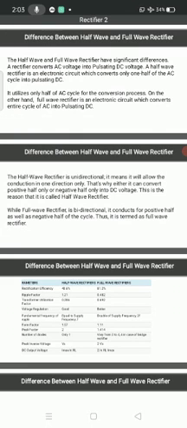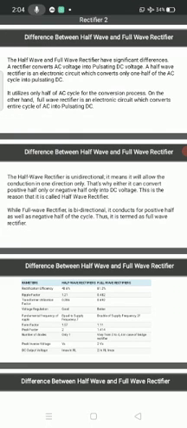Okay, so while the half wave rectifier can convert the positive half cycle or negative half cycle into DC voltage, the full wave rectifier is bidirectional. It will conduct in the forward direction and reverse direction also.